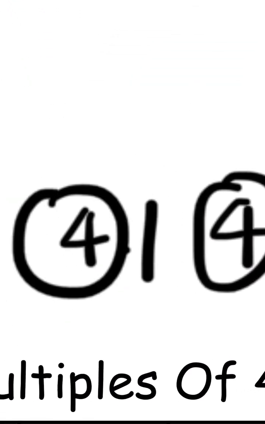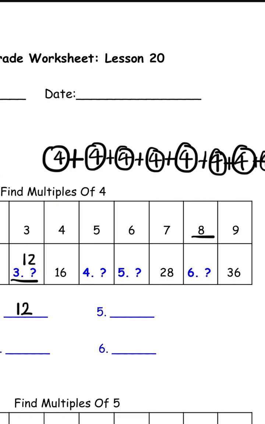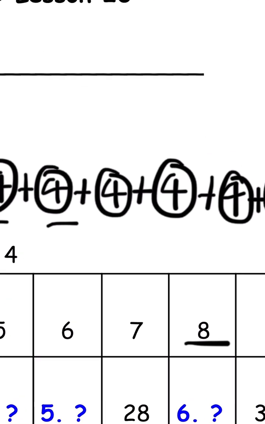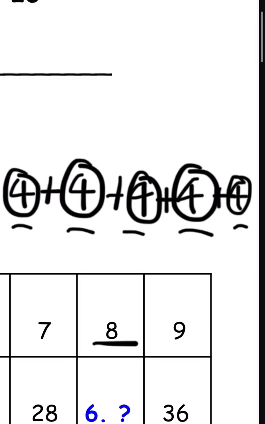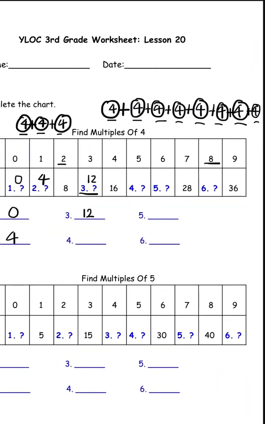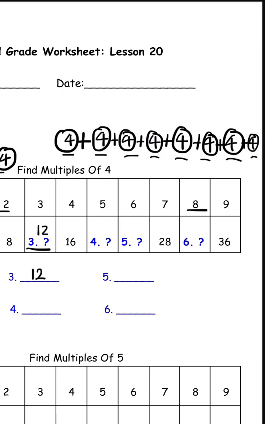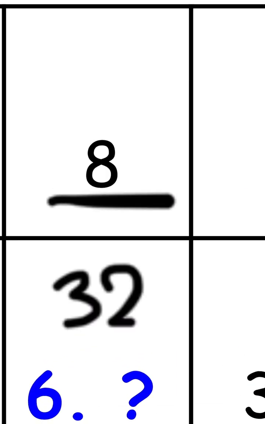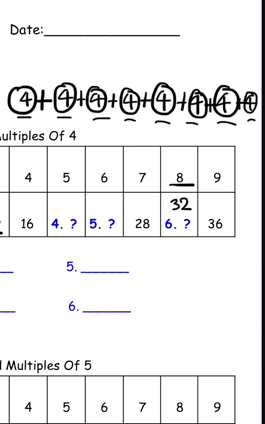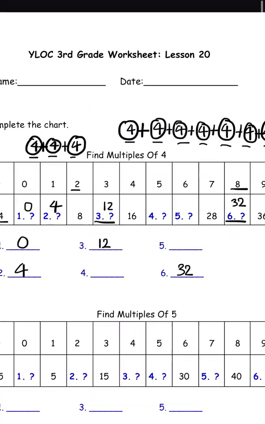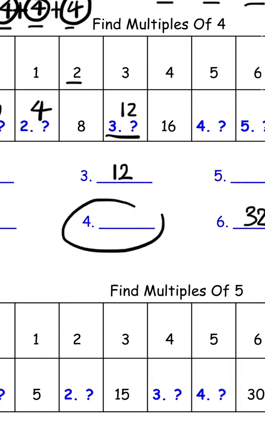So there are going to be 8 packs of 4. So 1, 2, 3, 4, 5, 6, 7, 8. So there are 8 of them, 8 packs of 4. If we add 8 of them, it's going to be 32. So for number 6, 32 is going to be the answer. And now answer the rest of them.